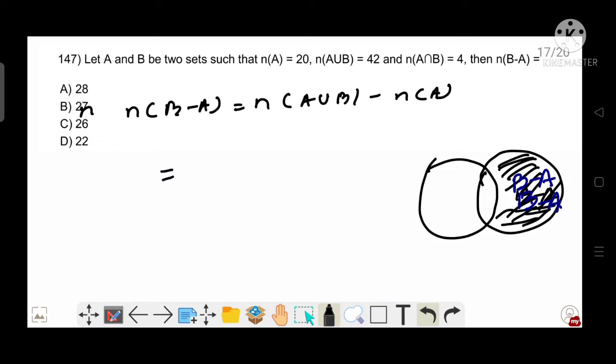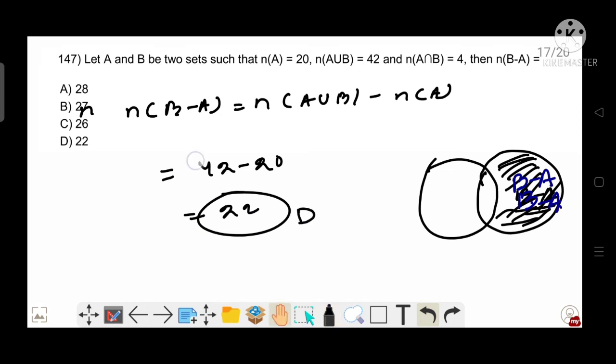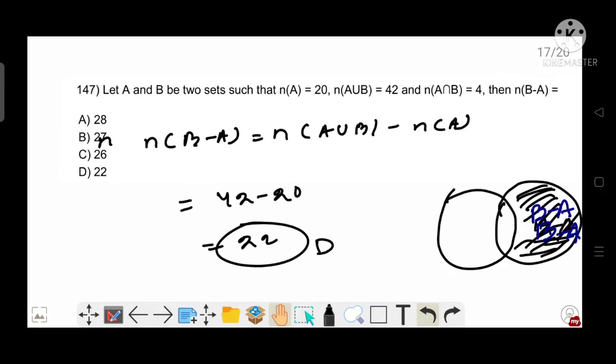This will be A union B, which is 42, minus 20, equal to 22. Answer D. Doubt clear? So this answer should be D.